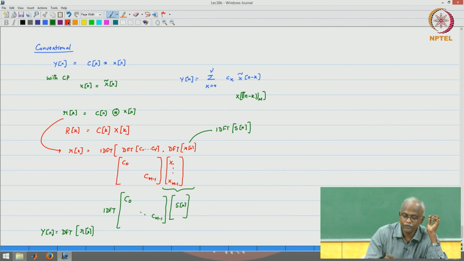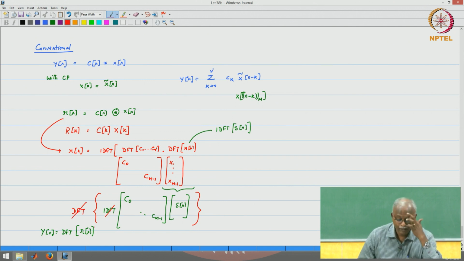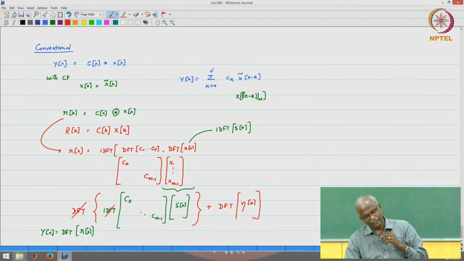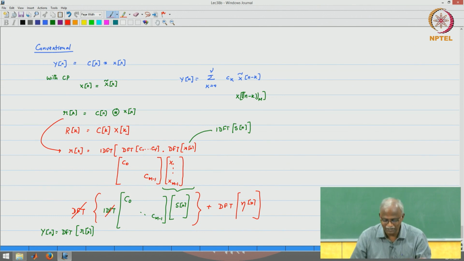Which means that you will take this whole thing and multiply it by the DFT; this and this will cancel, and if there is a noise term there, it will become the DFT of the noise term eta of n. And then you tell me, you took so many lectures to explain this. I knew this from traditional communications, right? Nothing complicated. What is it? It is parallel channels, C naught to C m minus 1. There is nothing very sophisticated about your derivation.